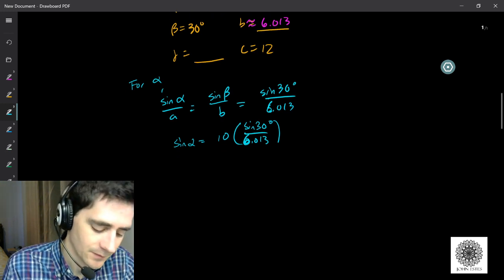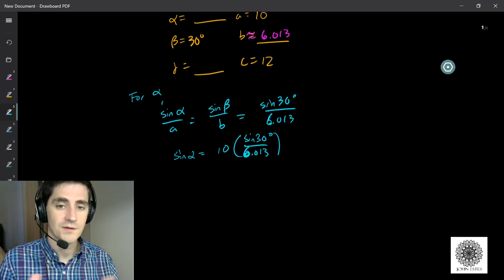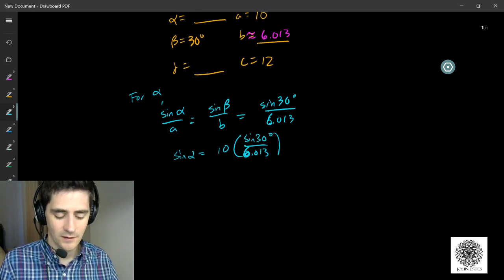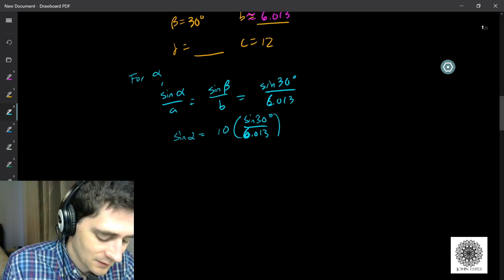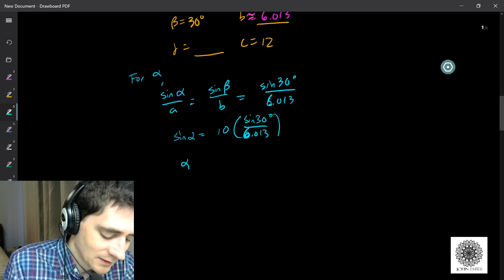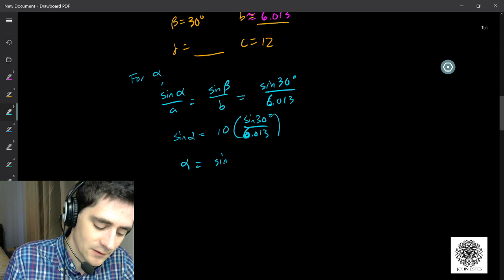What do you have to do? Well, let's think. You have a sine of an angle equals this expression, and we can calculate this expression as a decimal, but we don't really need to yet. The way I get alpha by itself is inverse trig. So I'm going to use sine inverse of all of this.